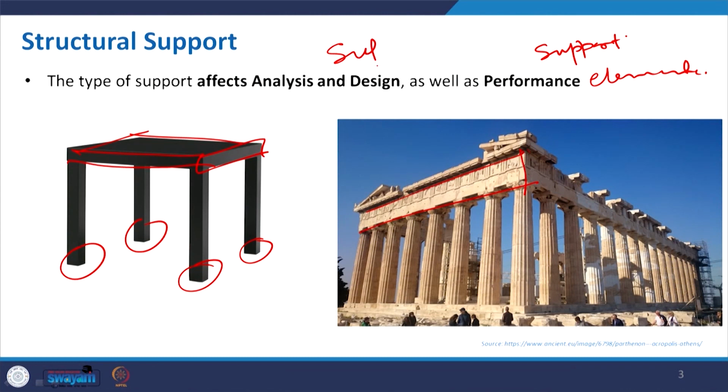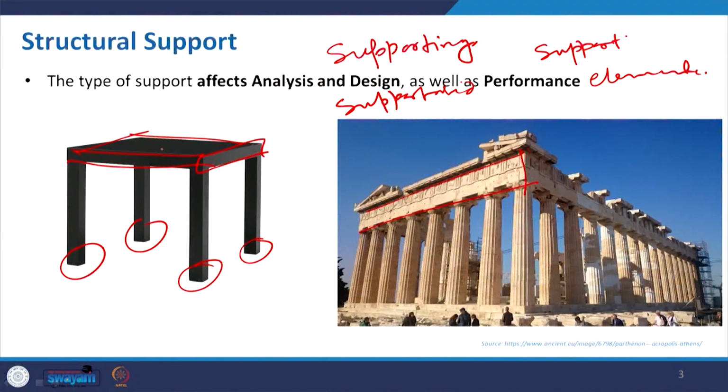Again I repeat, one is supporting and one is supported. The supporting structure is what essentially carries the load, and the supported element is what transfers the load to the supporting structure. I make it very simple.